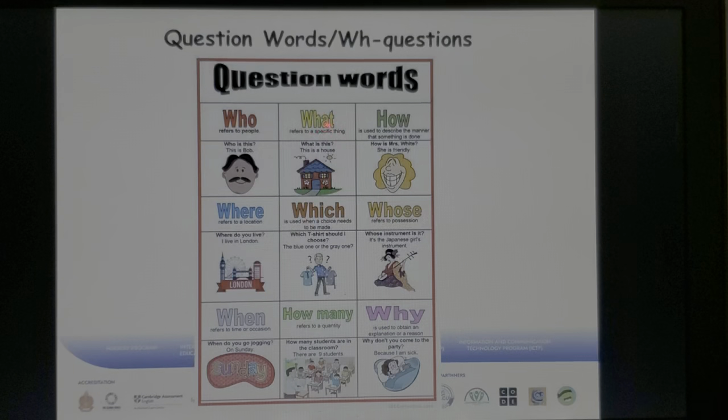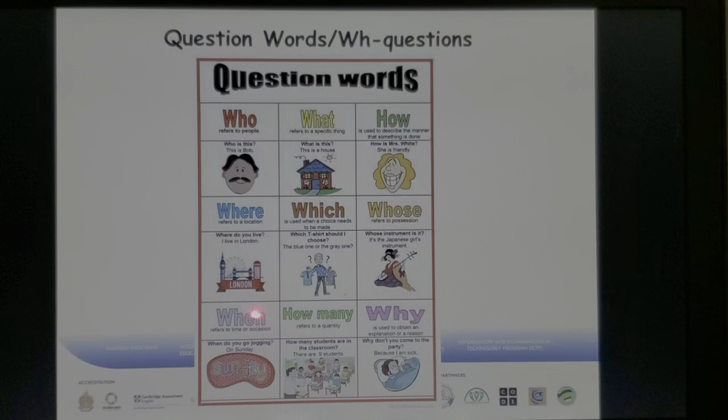What is your textbook title? Okay. How is used to describe the manner in which something is done. Where asks about place. Which is used with a choice. Which book do you need? Which smartphone would you like? Okay, your choice. And whose refers to possession. Whose book is this? Whose phone is that?